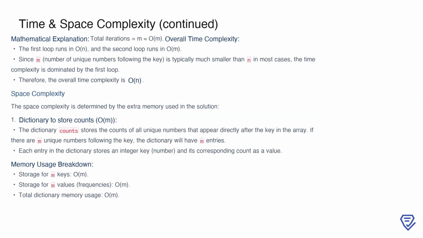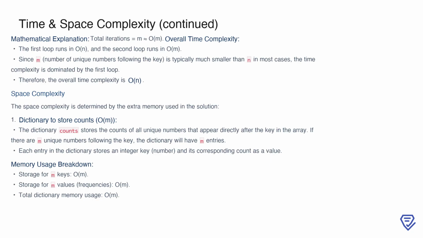The total time complexity is derived by summing the complexities of the two main steps, O(n) for traversing the array and O(m) for iterating through the dictionary. Since m, the number of unique numbers following the key, is usually much smaller than n in most scenarios, the time complexity is dominated by the O(n) term. Therefore, the overall time complexity of the solution is O(n).